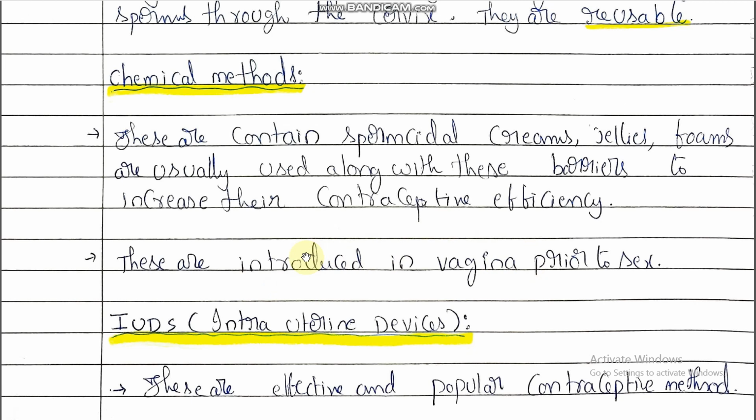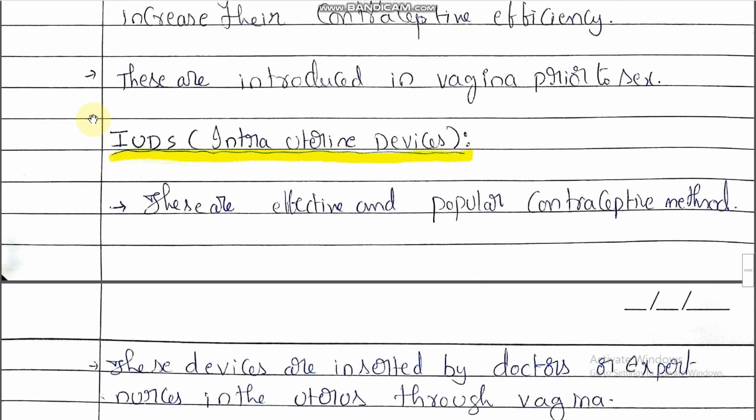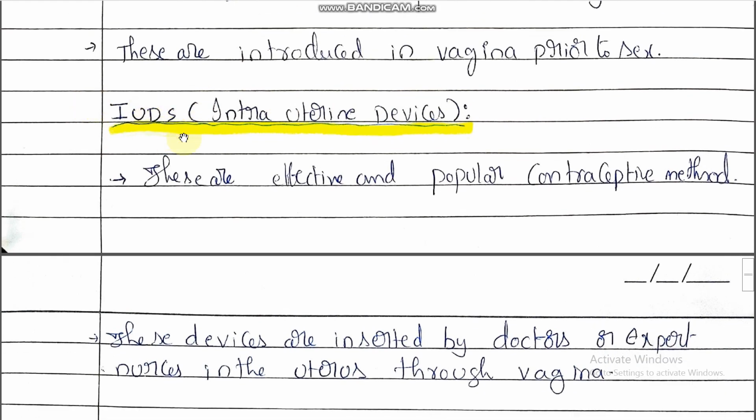And the next type of contraceptive methods are IUDs, artificial contraceptive methods. IUDs are also called intrauterine devices.